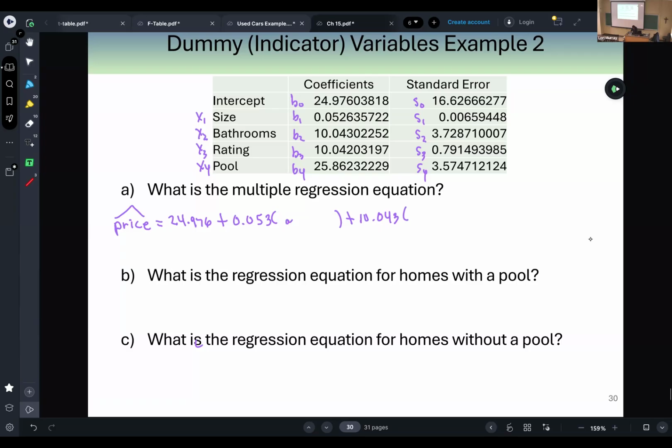That should be size, right? Jump in if you see me write something strange. This will be the size of the home. And then plus 10.043 times the bathrooms, plus 10.042 times the ratings. And then plus, here's our dummy variable, 0.862 times the pool. The pool will have only two numbers that can be entered in there: 0, no pool, 1, yes pool.